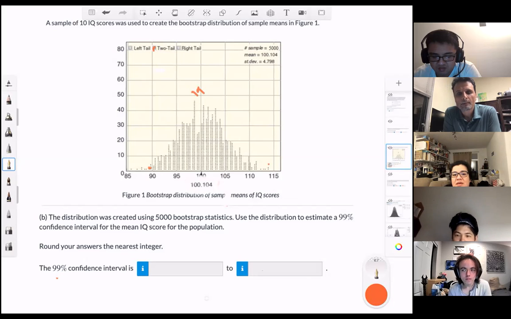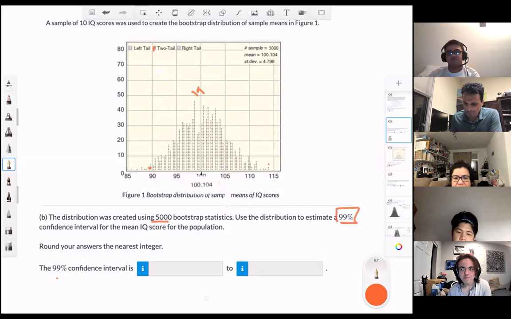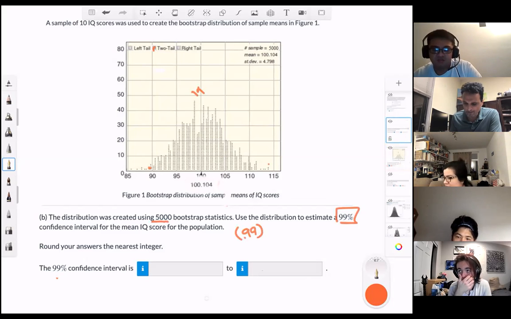Would it be 86 to 114 if we're guessing? Yeah, we have to guess. But they said 99%. So there are 99% of 5,000, correct? So what we do, we say, what is 99% or 0.99 times 5,000?